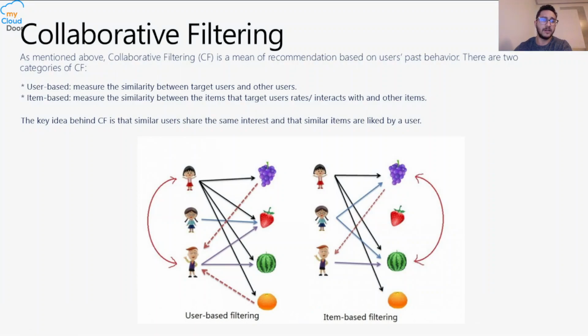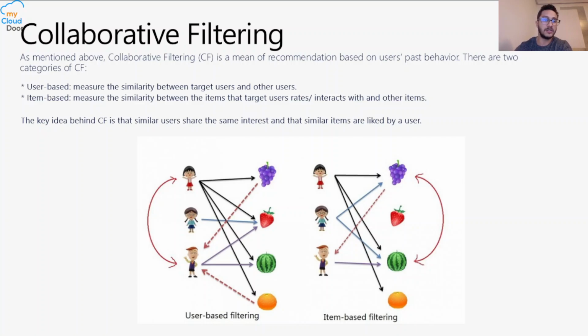As we mentioned above, the collaborative filtering is a mean of recommendations based on user past behavior, and there are two different categories. First, the user based. This measures the similarity between target users and other users. The target users are the users that we will be recommending items to, okay? And the item based, which almost does the same but with the items.